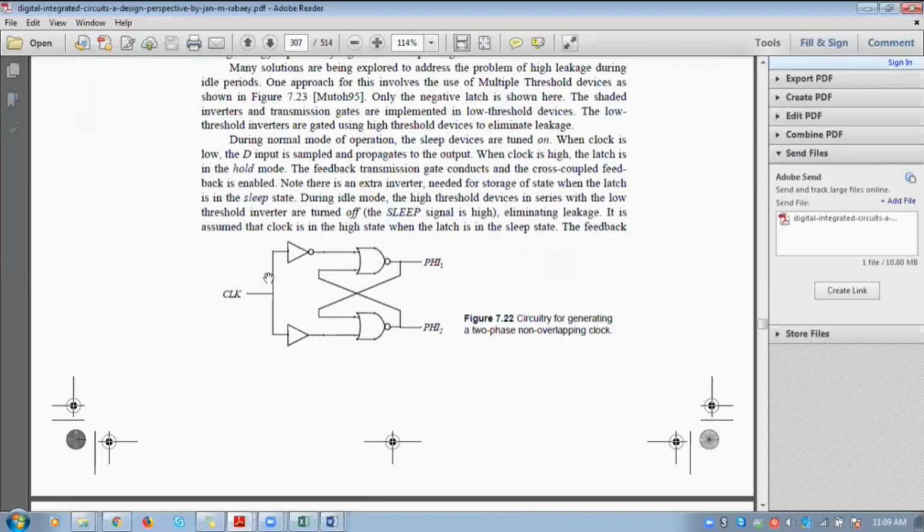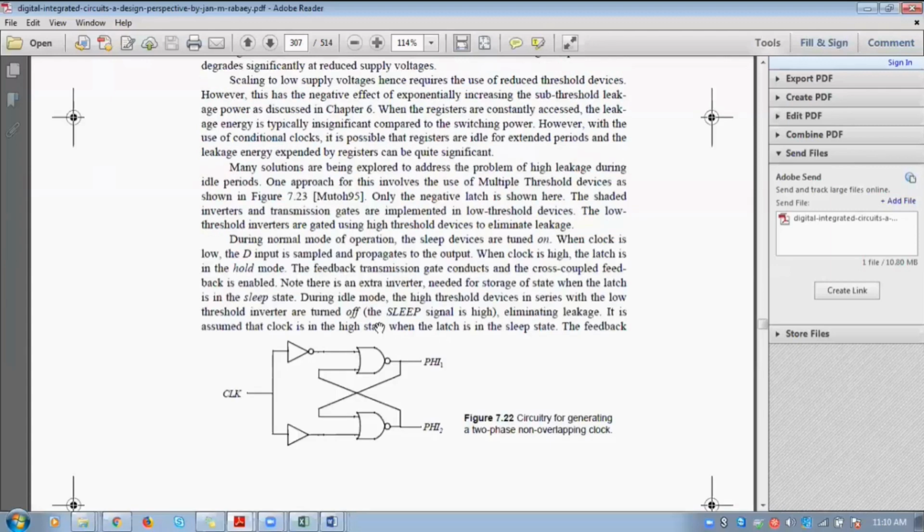Here initially we are going to pass the clock to an inverter. Here it is a buffer. So PHI1 will be an inverted phase of the clock, and PHI2 is the normal phase of the clock. With equal delay in the path, if you see here, the delay in the path is equal. So PHI1 and PHI2 both will be non-overlapping phases of the clock.